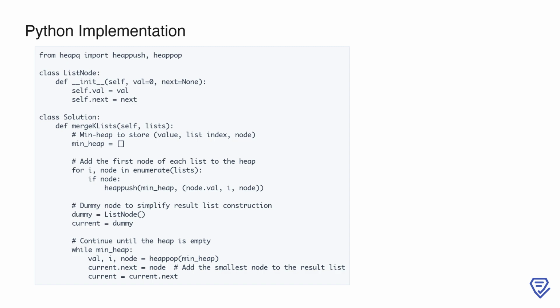Finally, we enter a while loop that continues as long as the heap is not empty. Inside the loop, we pop the smallest node from the heap using heappop. The value of this node, along with its corresponding list index and node reference, are extracted. The current.next pointer is then updated to point to the smallest node, and we move the current pointer forward to this node.